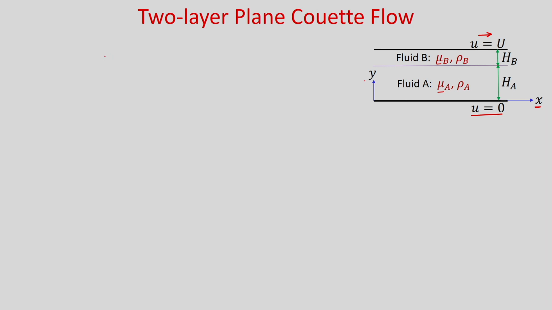So, we have the same governing equations. So, d2u by dy square is equal to 0. So, for fluid A, we will write this equation as d2 u A, where u A is the fluid velocity inside the fluid A, divided by dy square is equal to 0.